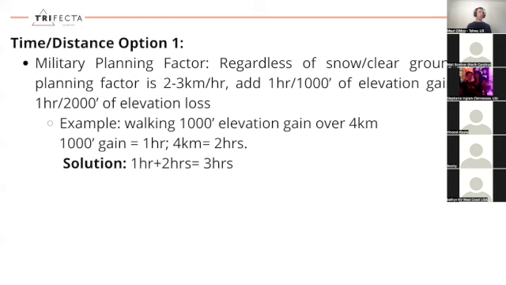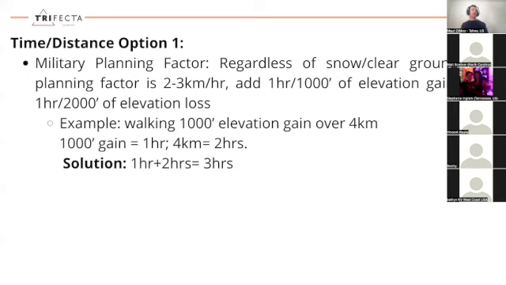So for the example here, the military planning factor is 2 to 3 kilometers per hour. Then you add 1 hour for every 1,000 feet of elevation gain and add 1 hour for every 2,000 feet of elevation loss. For the example, we walk 1,000 feet and have 1,000 feet of elevation gain over 4 kilometers.